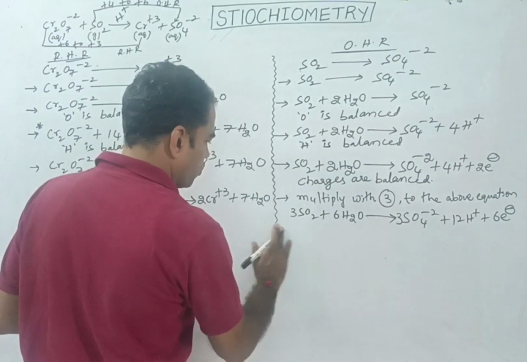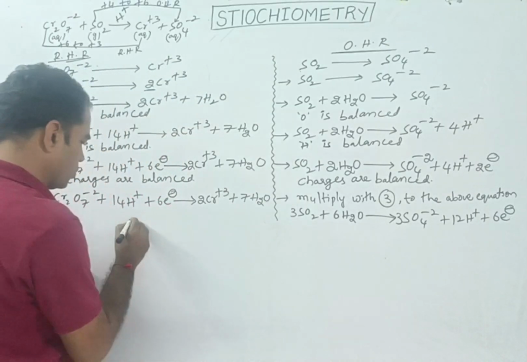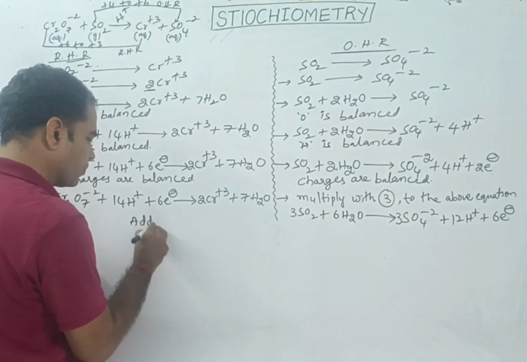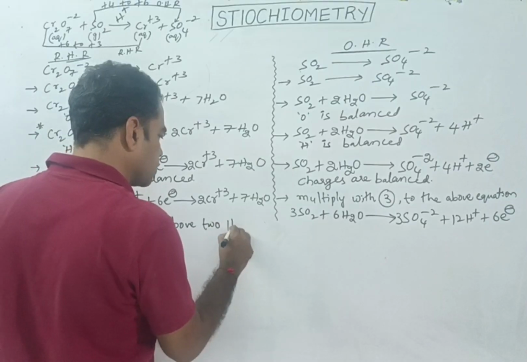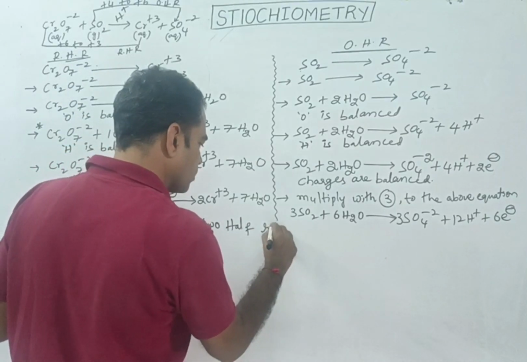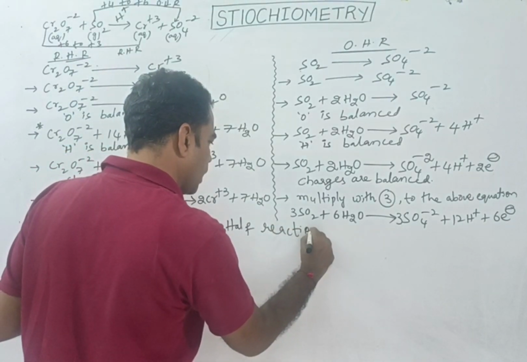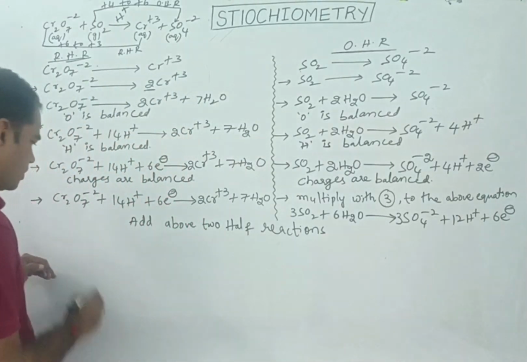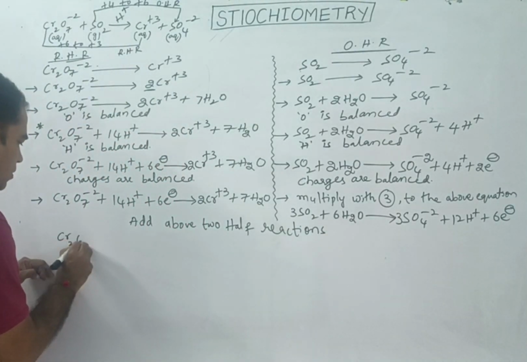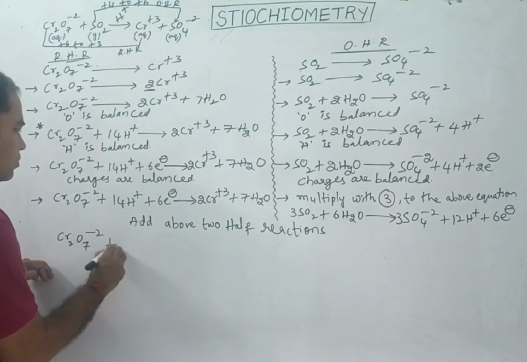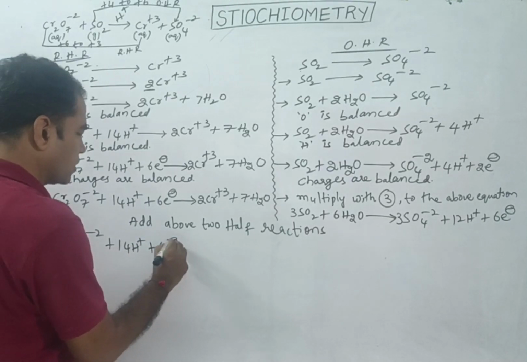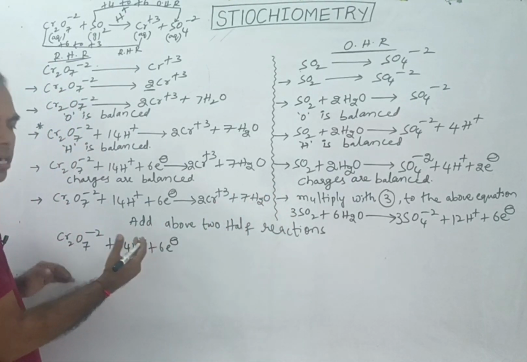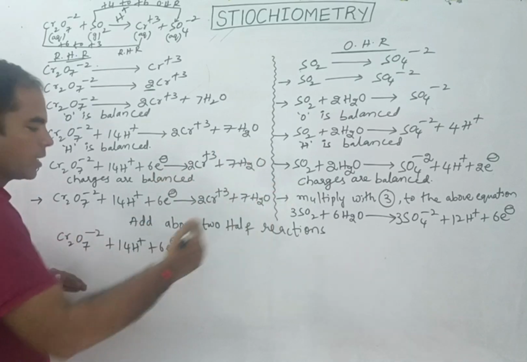Now add the above 2 half reactions. Cr2O7 minus 2, 14H plus, 6 electrons. Reactants keep on the left side and products on the right side.